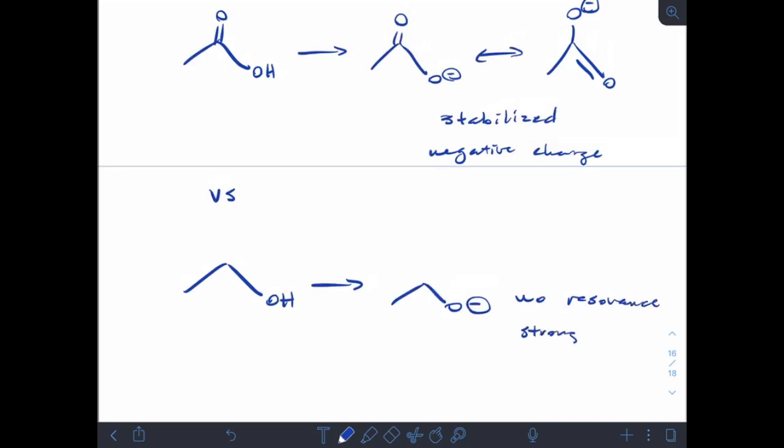So this is going to be a stronger base, resulting in the ethanol being a weaker acid. Right, and our pKa's, pKa for acetic was 4.7, pKa for ethanol is 19. So significant difference when resonance is a possibility.